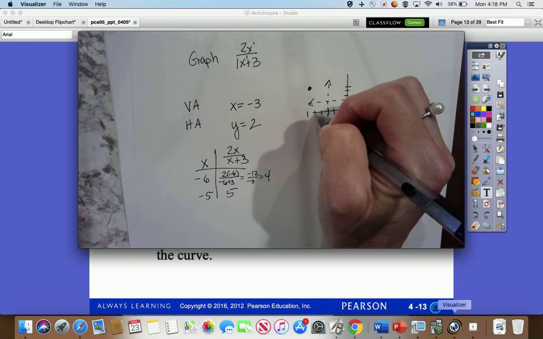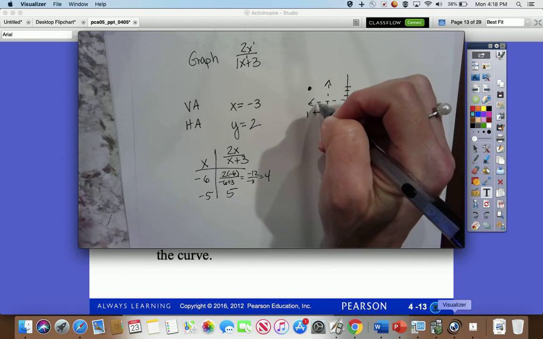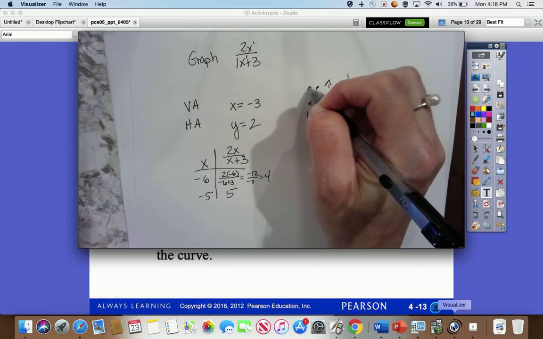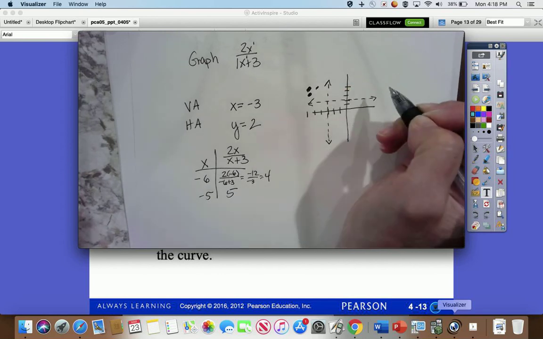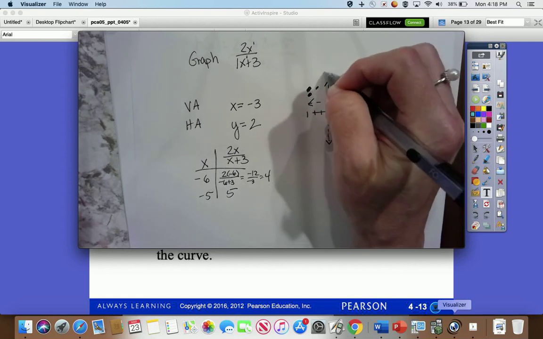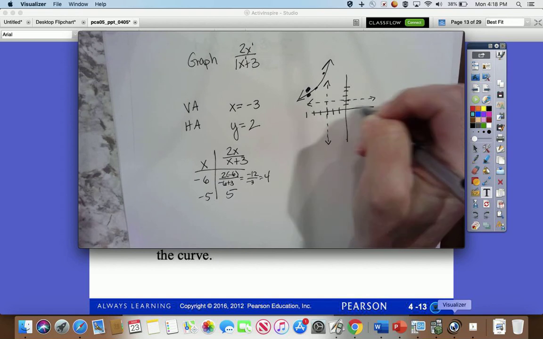So -5 gives me a 5. 1, 2, 3, 4, 5. Okay, so I messed up on the first one. I plotted it too high. And then if I look at -4, I get 8. So you can kind of see the piece here, and then you're going to have another piece over here.